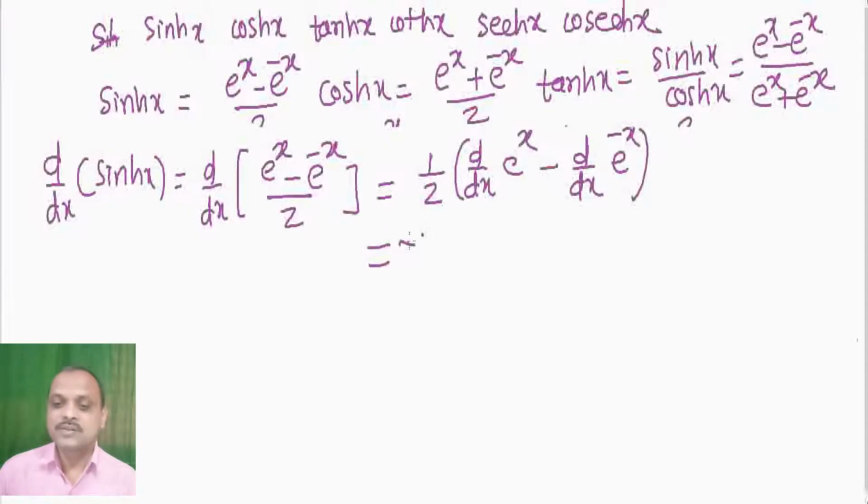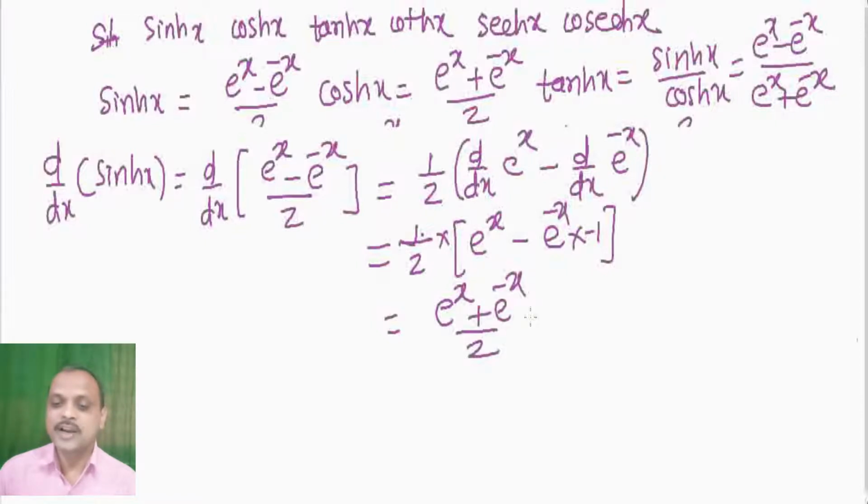This is equal to 1 by 2 into, here derivative of e raised to x is again e raised to x, minus derivative of e raised to minus x, which is into minus 1, so minus minus becomes plus. So this is equal to e raised to x plus e raised to minus x divided by 2, and this is nothing but cosh x.